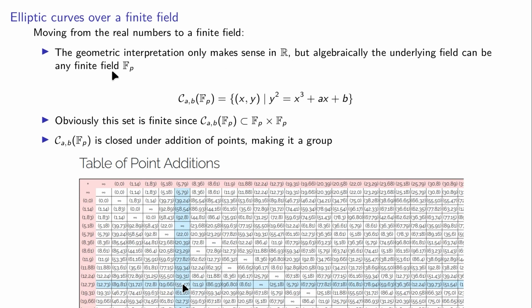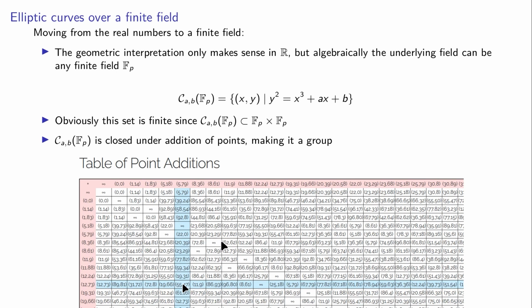It is obvious that the set of points is finite. It is a subset of F_p times F_p, the Cartesian product, and we have to accept that the set of points is closed under addition, making it a group.